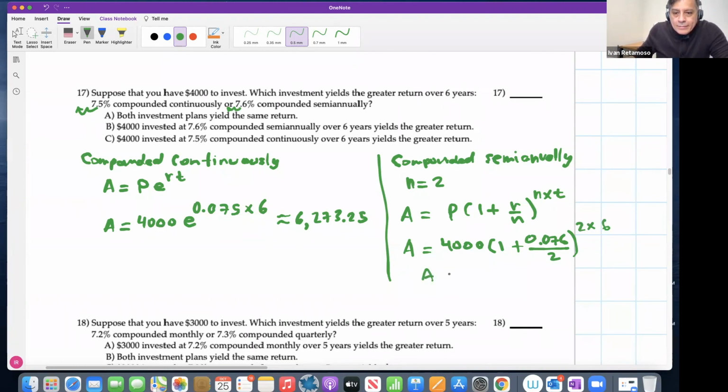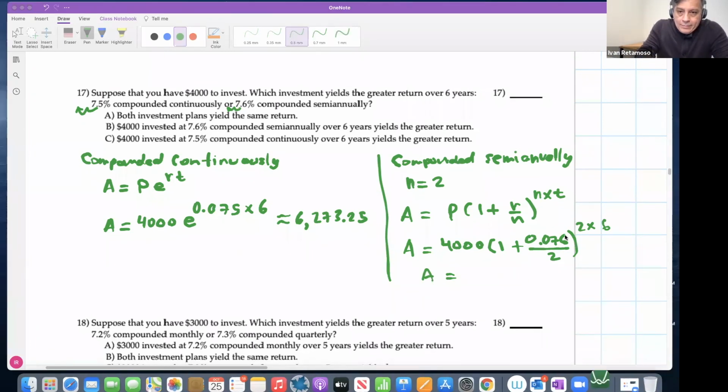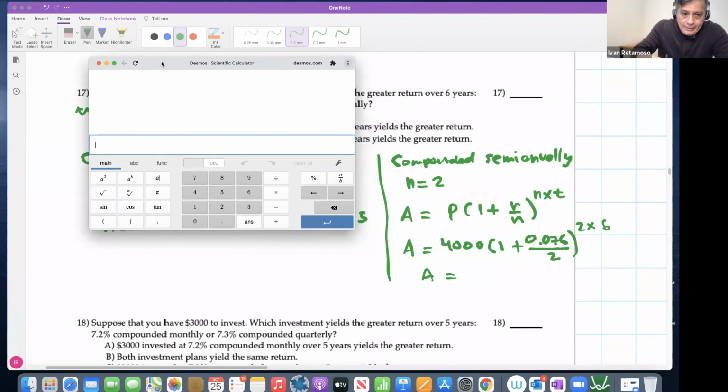So let's see how much we would get. Again, you go to the scientific calculator or our Desmos scientific calculator. I strongly recommend you to use it, guys. It's free. It will always be free, and it's very useful, right? Raised to 2 times 6, which is just 12, right?